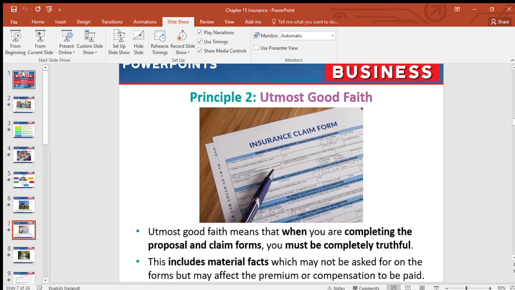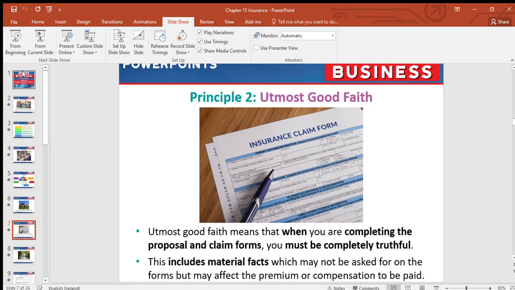Second one here is utmost good faith. So utmost good faith means that when you're completing the proposal and claim forms, you must be completely truthful. So if I'm trying to get, let's say, car insurance, I'm contacting Liberty, I'm contacting Aviva, I'm contacting all these different insurance companies, and I'm filling out what we call a proposal form.